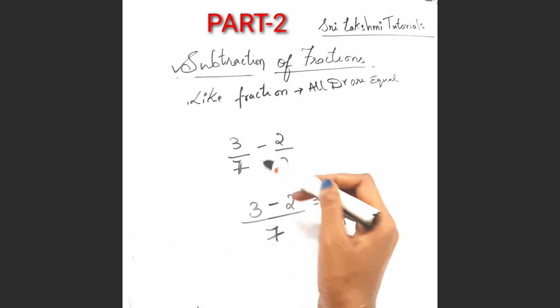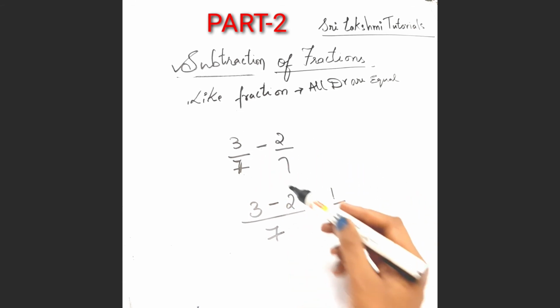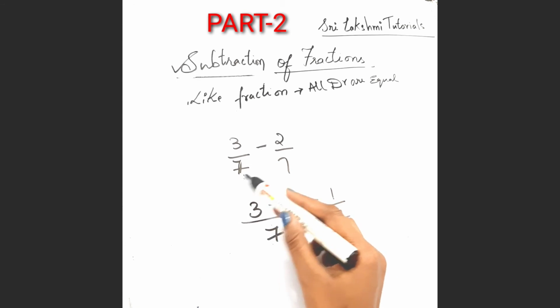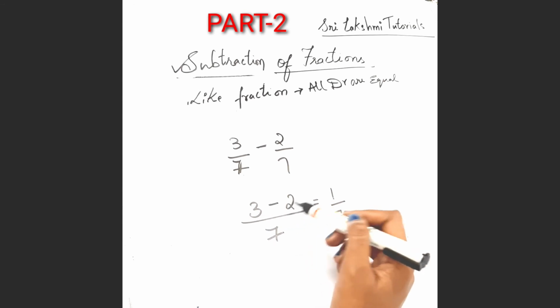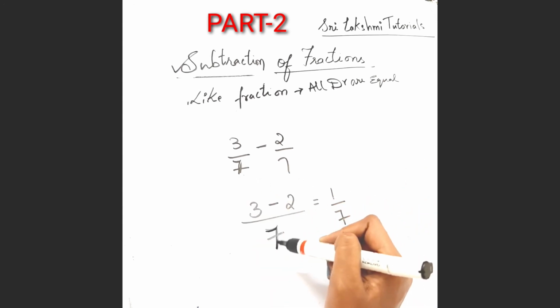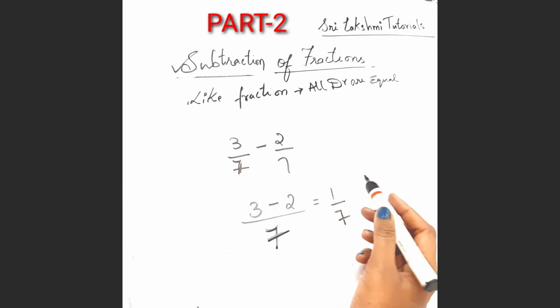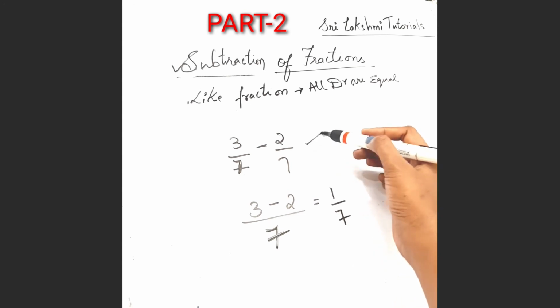Subtraction of 3 by 7 minus 2 by 7 is, see here, denominators are same. So directly subtract the numerators. Taking denominator once and subtract the numerators. 1 by 7 I got for this sum.